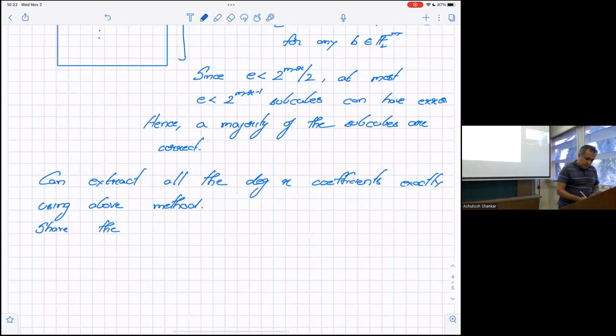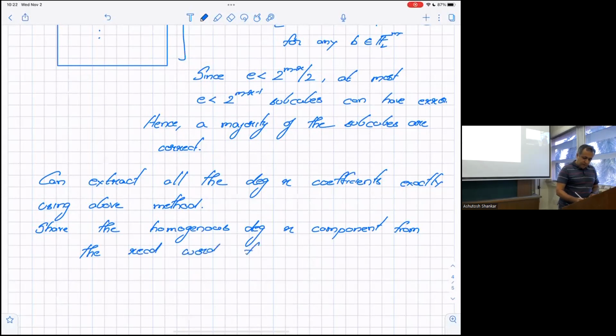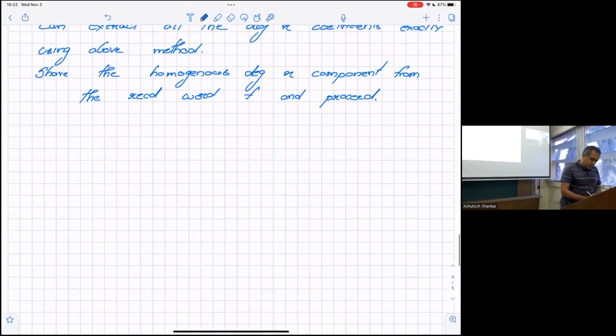Then shave the homogeneous degree R component from the received word. Yes, and that's the entire thing. Now let me formally write down the algorithm for the majority decoder.